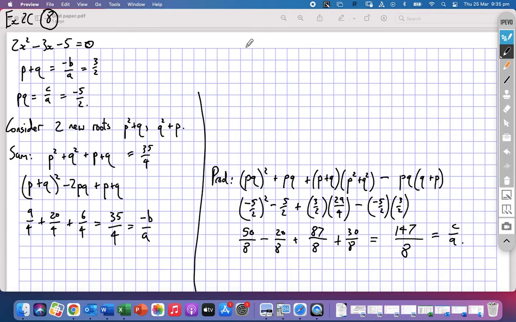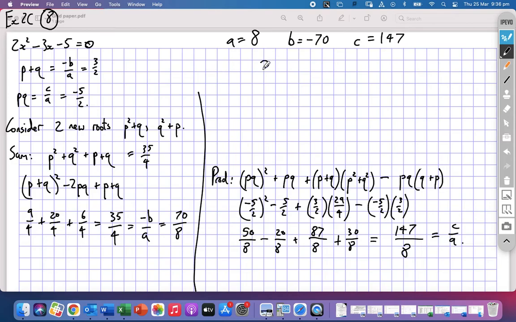I think now I'm actually starting to think the book didn't want you to do it that way. The a is 8. The b at the moment is minus 35 on 4, but remember we want to have the same a value, so we're going to multiply that up. So the b is minus 70. The c is 147.